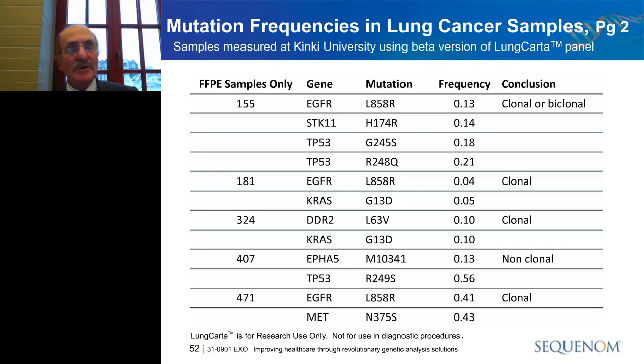So why this is important, if you have a clonal cancer, you're dealing with one disease. And it's possible that a monotherapy would be effective. But if you have a non-clonal tumor, it's very unlikely that you'll be able to treat the patient effectively with just a single drug. Okay, now, so it's frustrating at the present time.